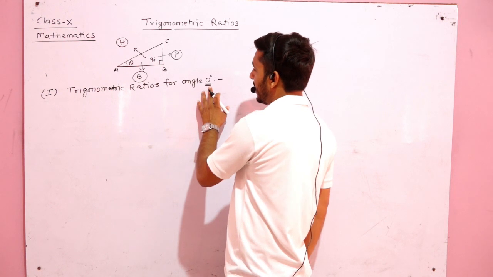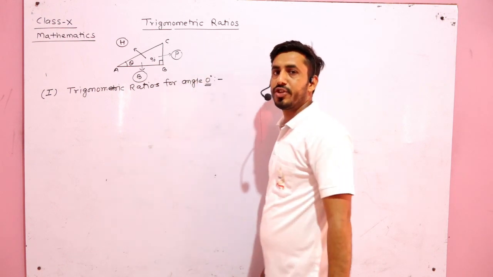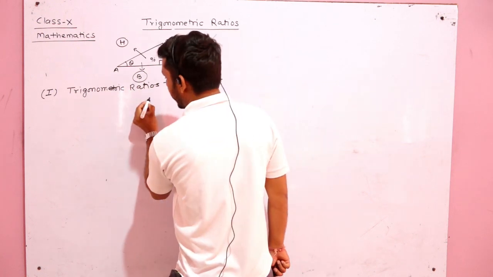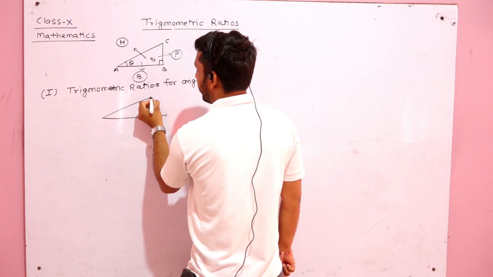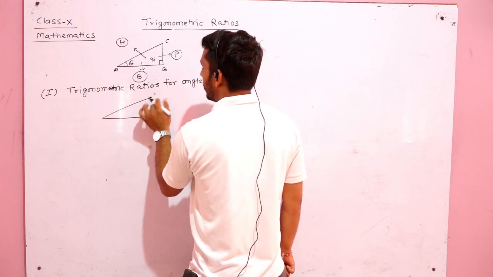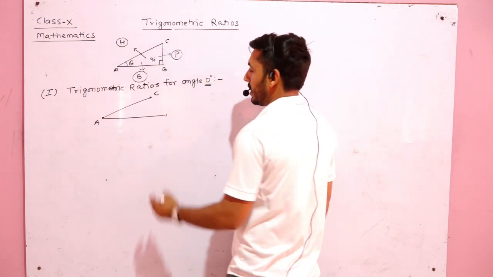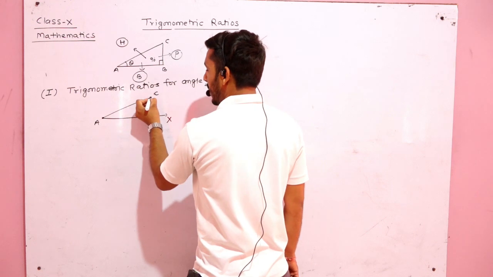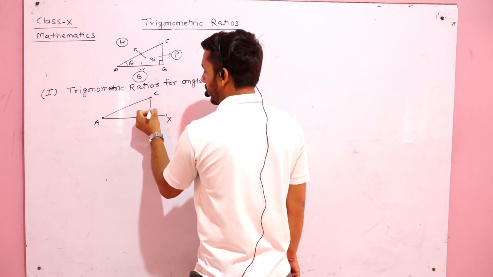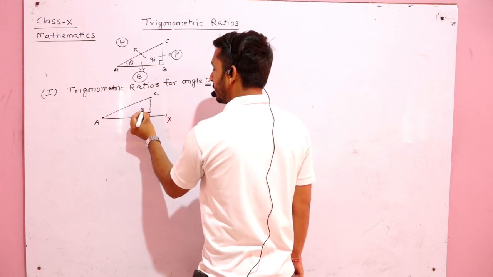If I prepare any diagram and take the point C here, this is the intersection point of both the lines, and this is the point X. First I have to put a perpendicular to the base, then this angle will be 90 degree.